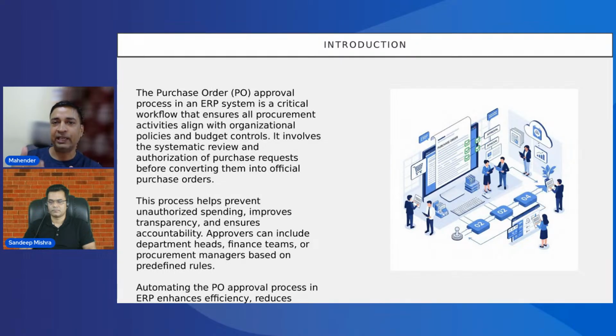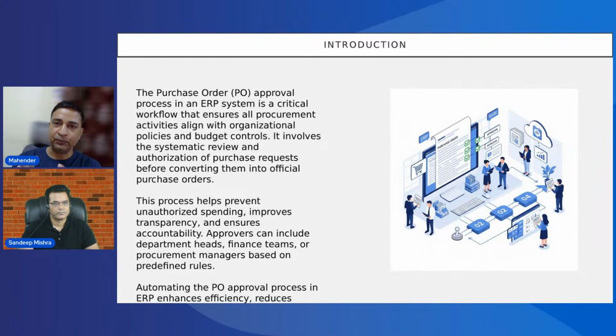It needs to go to the different concerned teams, and every team reviews it. Those persons will review the orders and see that the purchase we are going to make is under our budget and is required. We are not spending money unnecessarily on something that is not required or is out of our allocated budget. That process is what we call the purchase order approval process.